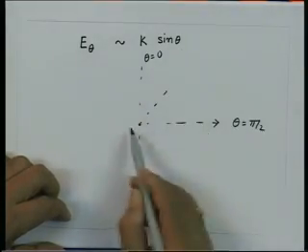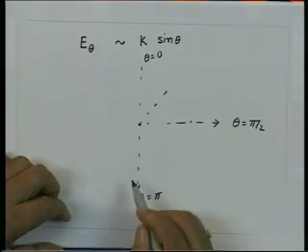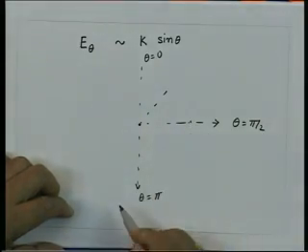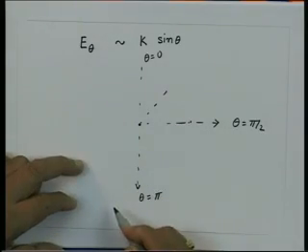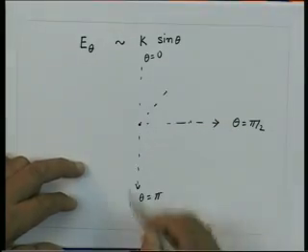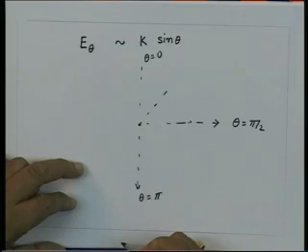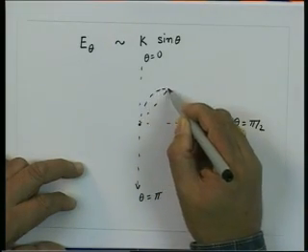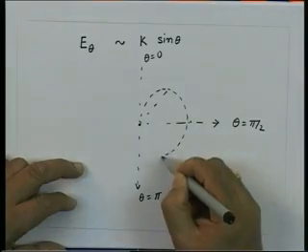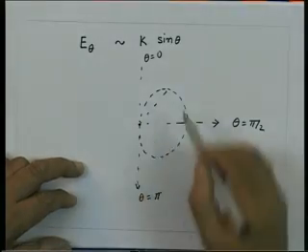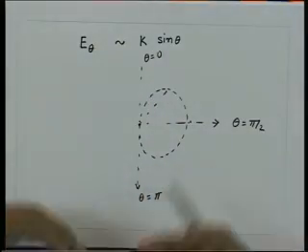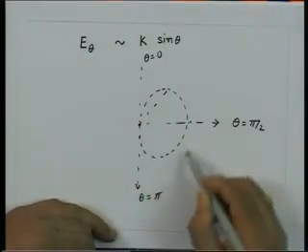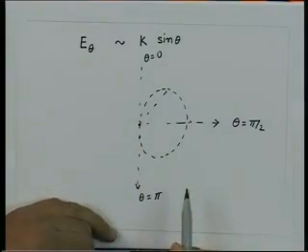When I take theta equal to pi by 2, this will be equal to 1. Again when I go to 135 degrees, it will be 1 over root 2, and when theta becomes equal to pi, again the field will go to 0. So the field variation will be something like that. If I vary the value of theta, fix some value of phi and plot this, that is the variation I am going to get as a function of theta.